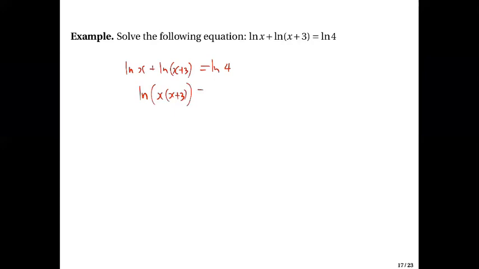And on the other side, you just have ln of 4. And remember, if you have ln of something or log of something on the left equals log of another thing, the something must equal the other thing. So what I'm saying, here, we will now have x times x plus 3 equal to 4.